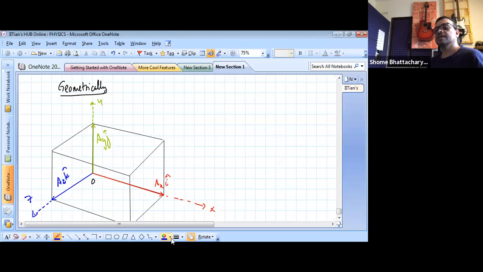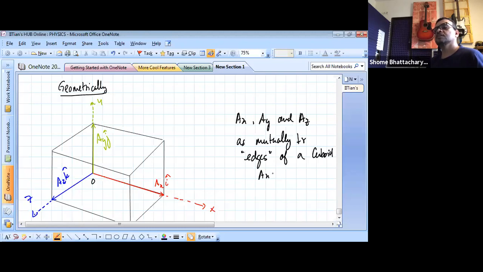So individually, I can define Ax, Ay, and Az as the mutually perpendicular edges of a cuboid of dimension Ax into Ay into Az. This is the volume of the cuboid.